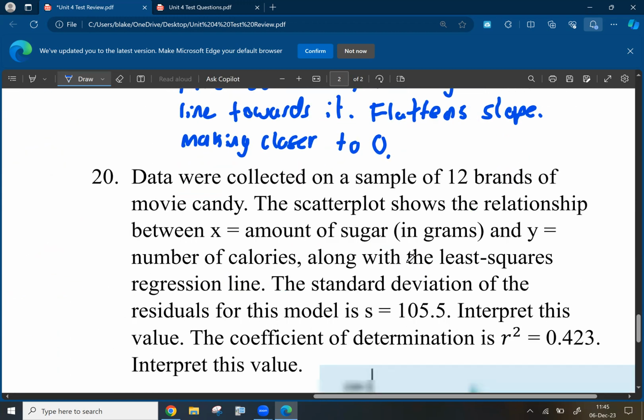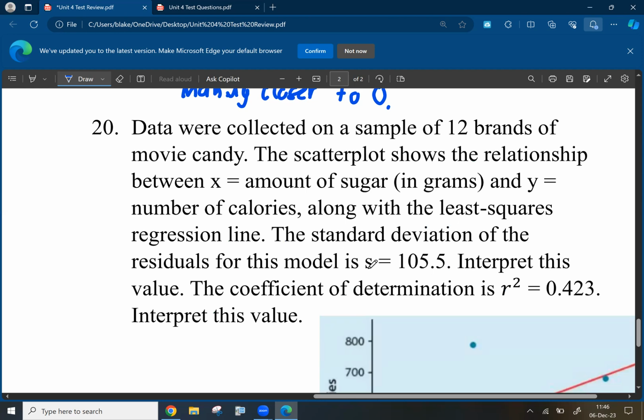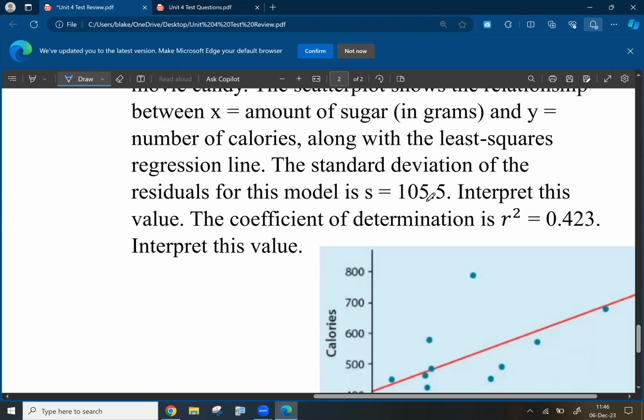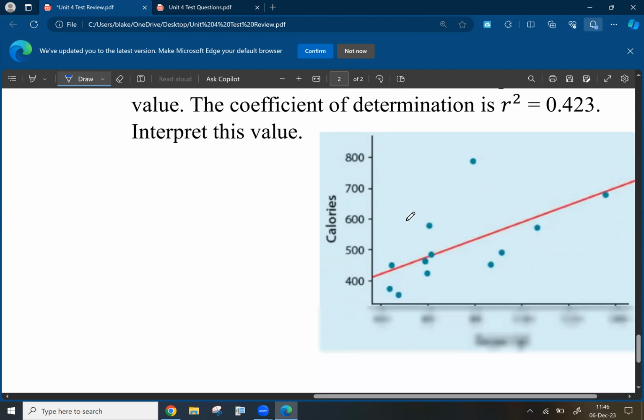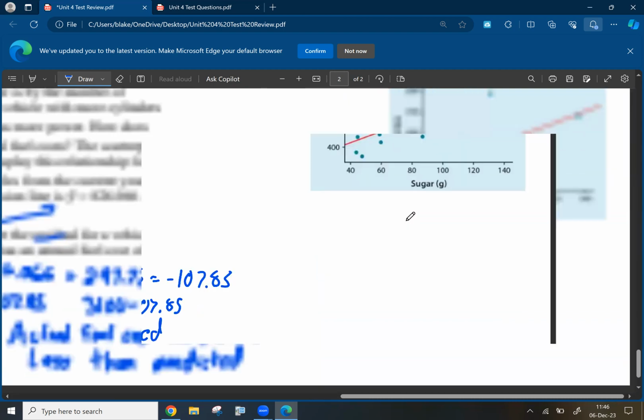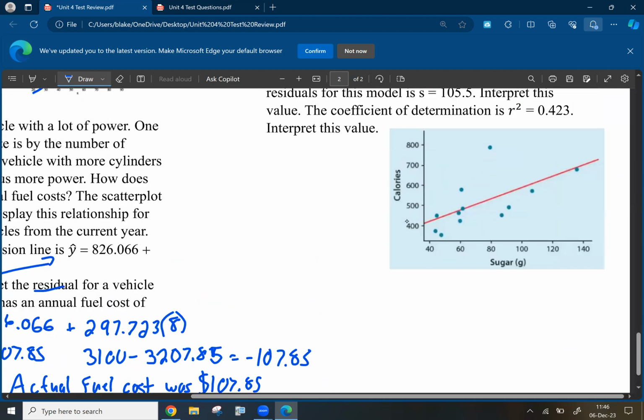All right, and last question. Basically, I'm not gonna read it because I gotta hustle this out, but we have the S is 105.5 and the R squared is 0.423. It says interpret these values. So S, 105.5. The interpretation of this is that, what was the wording of this?